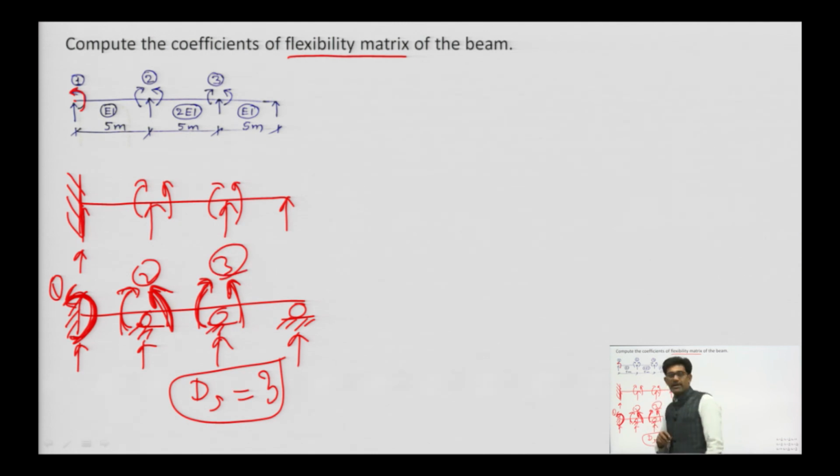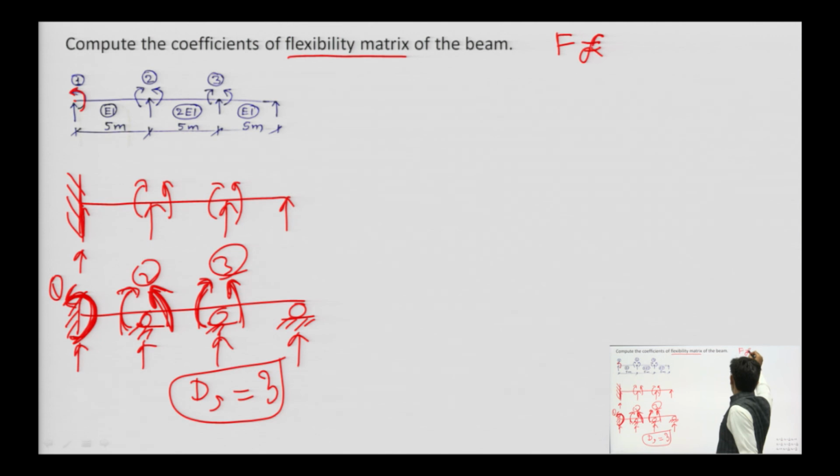Okay, and now we need to make a flexibility matrix. Let me first define what a flexibility matrix is. Say if F is directly proportional to displacement, then F is equal to k into x.